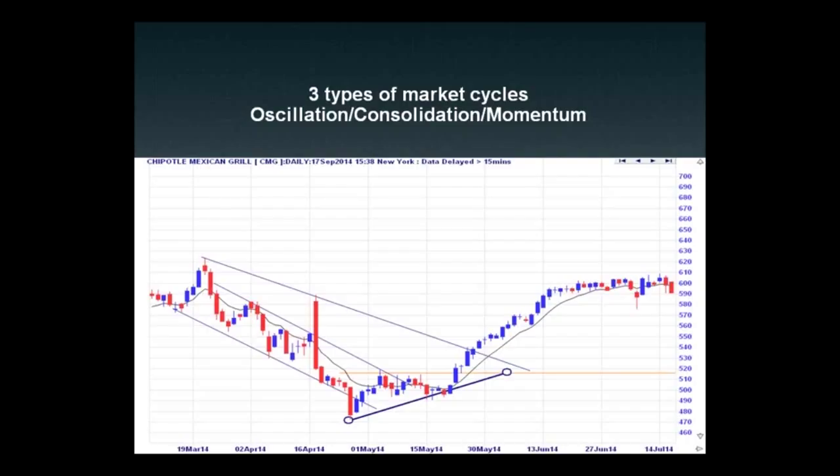So the three different key personality types in the market is oscillation, firstly, and this is defined by, well, let me take a step back. What we're trying to see when we're looking at the stock market is we're trying to define what the personality is, and the personality is what system of support or resistance controls where the stock goes.